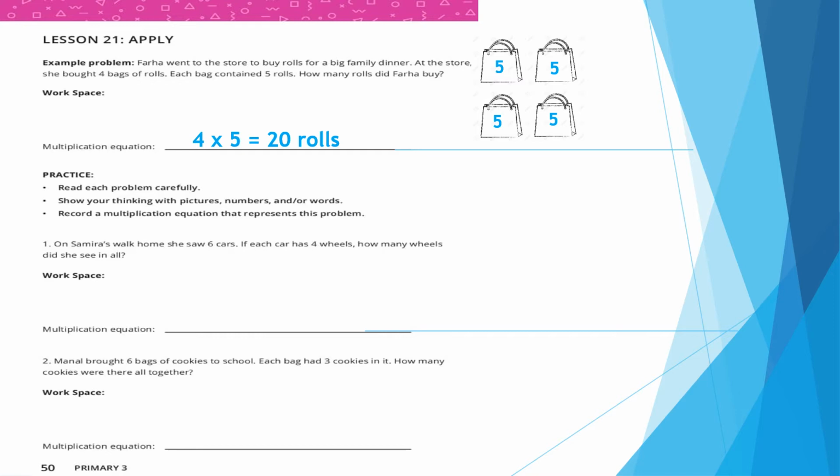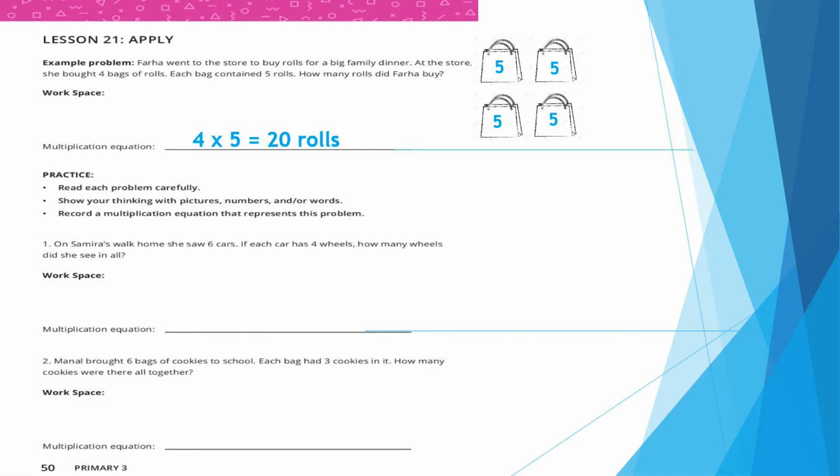The 5 here is repeated 4 times. So 4 times 5 equals what? 20 rolls. Let's practice together. We will read the problem carefully and show our thinking using pictures and record a multiplication equation.